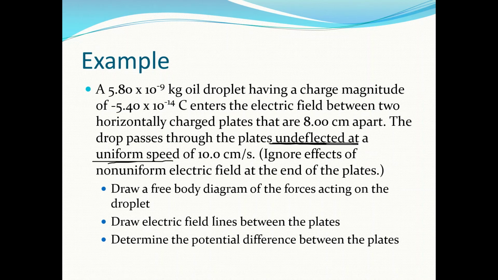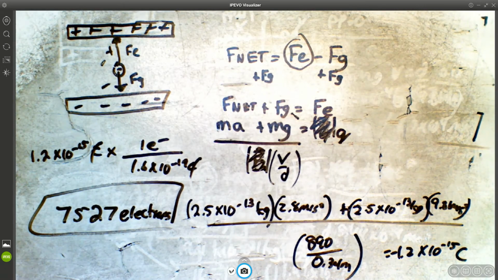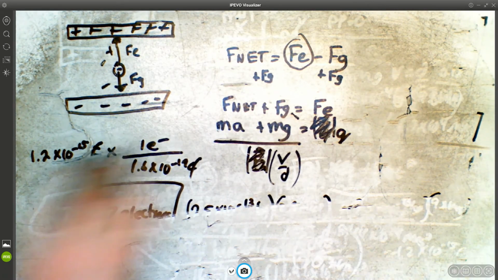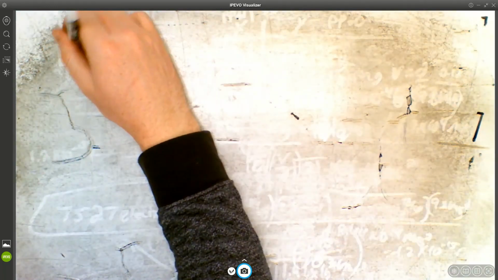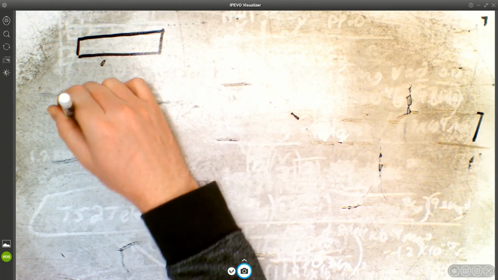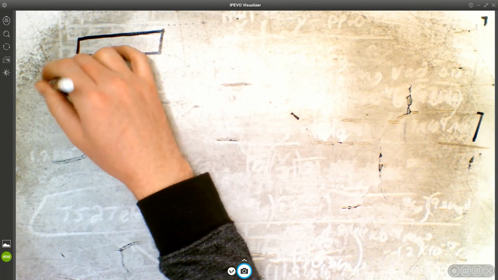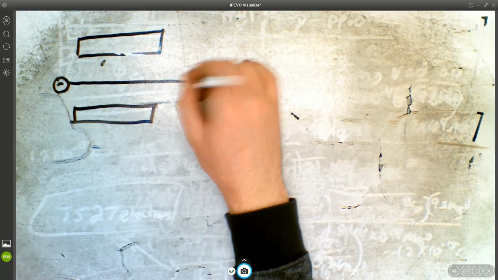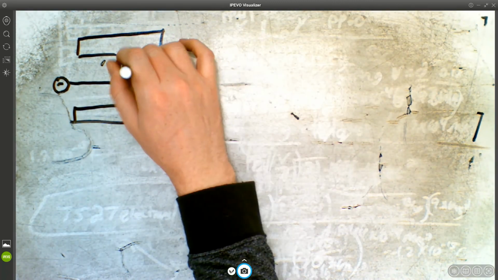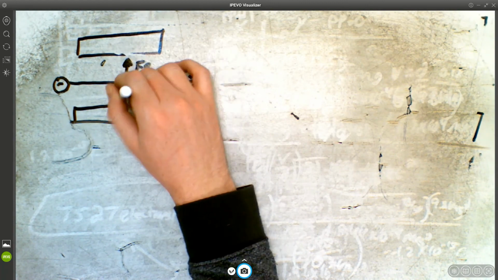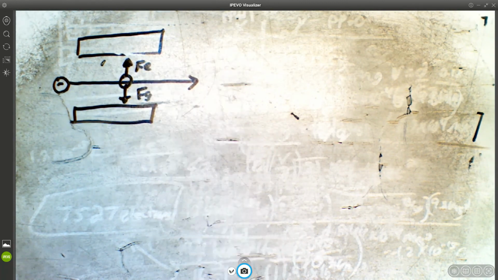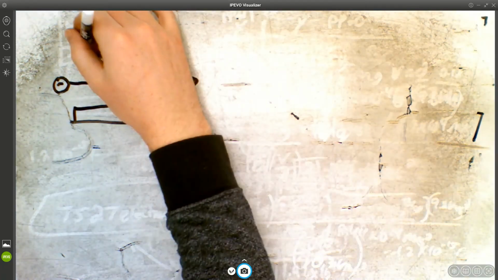So let's draw all of this. Let's do it on the whiteboard here. So we have plates. It's a negative charge passing through, and it passes through undeflected. The only way it can pass through undeflected is if my electric force and my gravity are equal to each other.